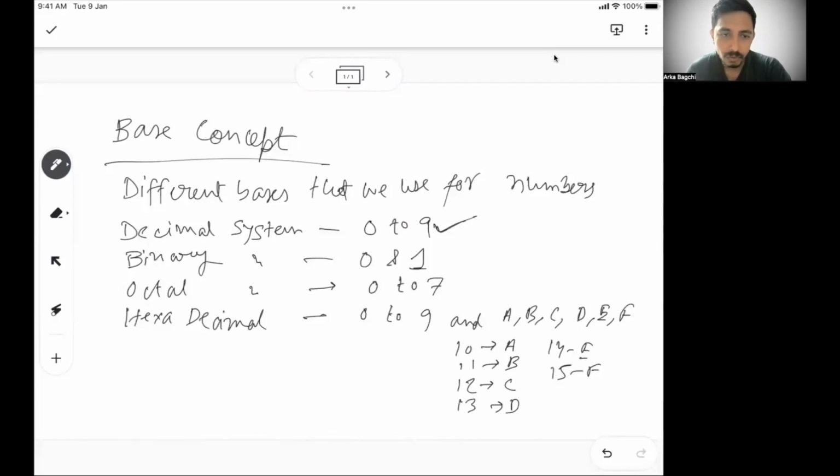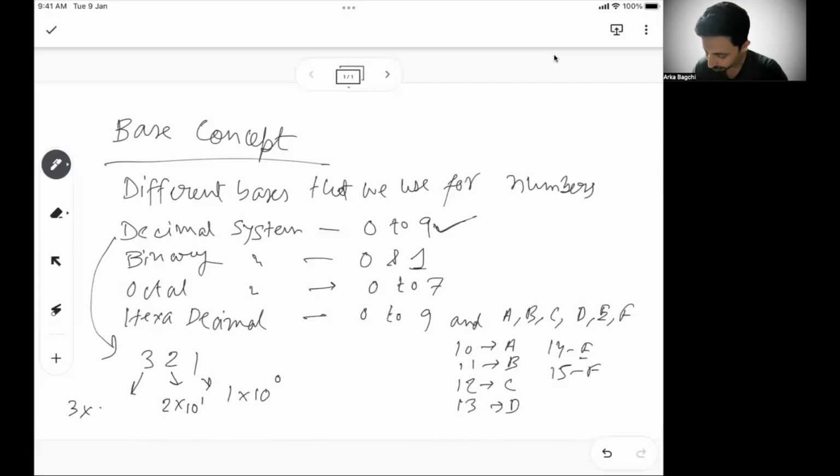Now the other part, one more thing to understand, is that the base is also nothing but the positional value. By positional value, I mean, if in decimal I write 3, 2, 1, this 1 is nothing but 1 into 10 to the power 0. This 2 is nothing but 2 into 10 to the power 1. This 3 is nothing but 3 into 10 square.